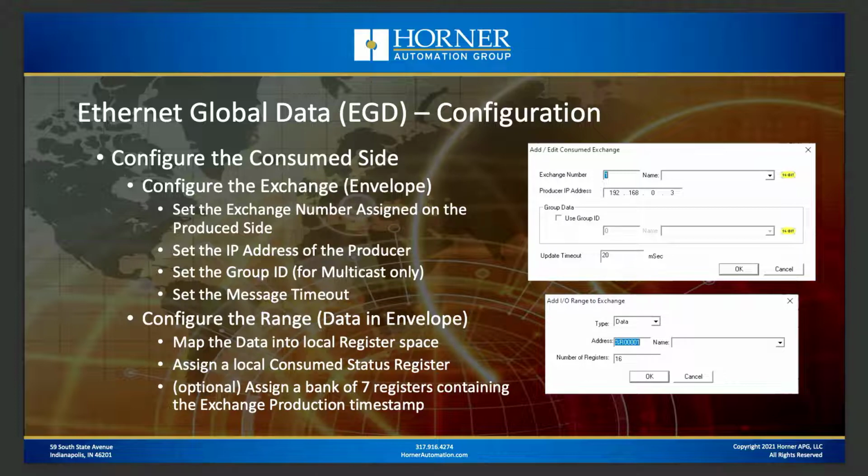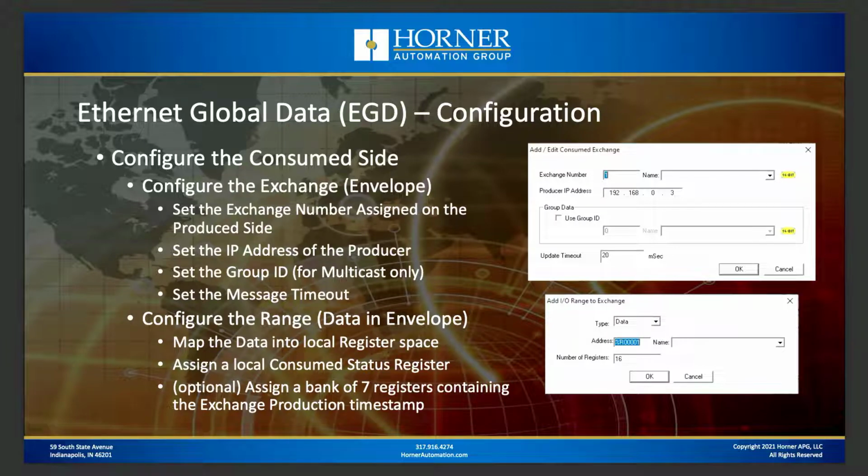Now, we also on the consume side always have to set the IP address of the producer. Regardless of whether this information is coming only to us as a unicast, or whether it's going to a group that we're included in as a group, we always have to assign the IP address of the producer. If it is a multicast type message to a group, we also have to set the group ID to match that on the produce side.